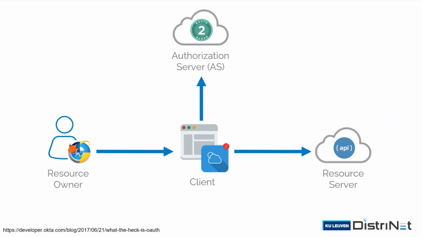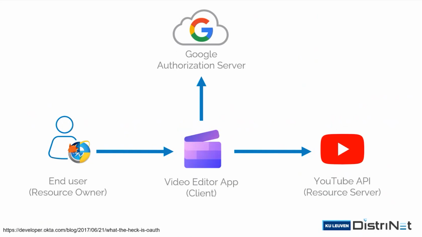And then there's this authorization server component that basically manages the authorization process and makes sure that this resource owner, this user, can give authorization to the client to access the user's data on the API. So if this still is a little bit abstract, let's use an example that makes it more easily understandable.